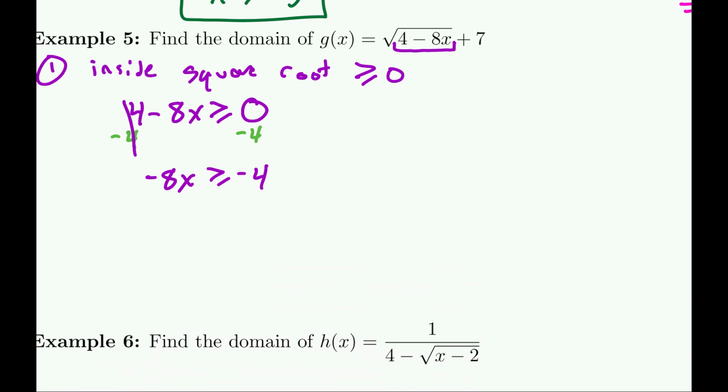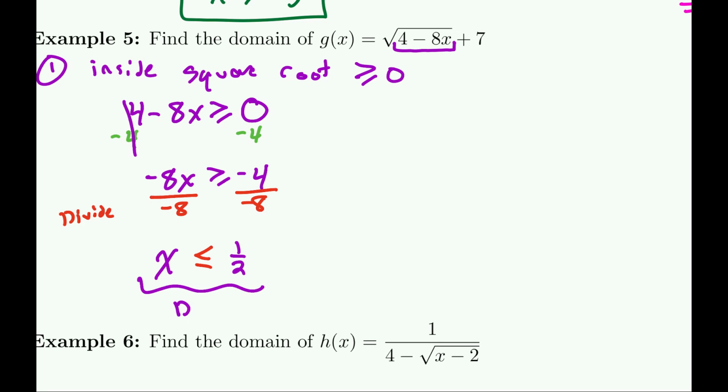You have to divide by negative 8. Those cancel and give you x. When you divide by a negative, the symbol flips, so make sure you understand that. And then negative 4 over negative 8 is 1/2.